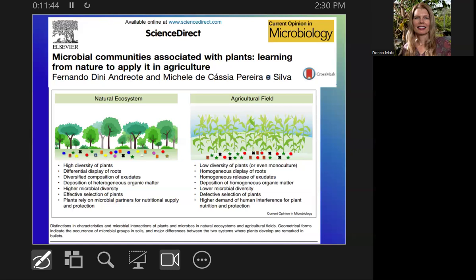And as a result of that, they're trying to show that there's less diversity in microbes, and that if it's just corn, you're probably not getting a lot of diversity in what they're excreting from their roots. So there's a lot of differences between a healthy natural ecosystem and an ag field in the conventional agricultural system.